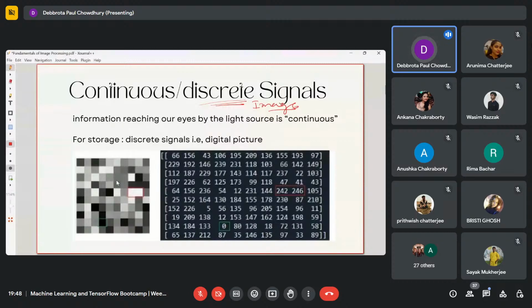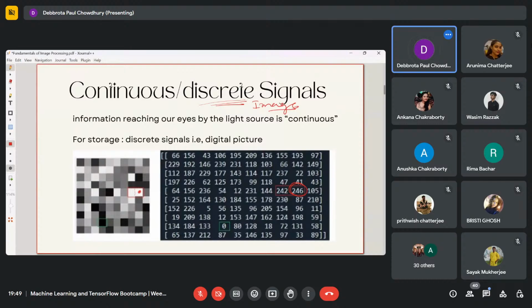This is an example of one digital image, and what we see is this, and what the computer sees is this. This pixel is white, this region is white, and here also we have two kinds of white. This one is a little bit brighter than this one. Why? Because the value of this pixel is 246.